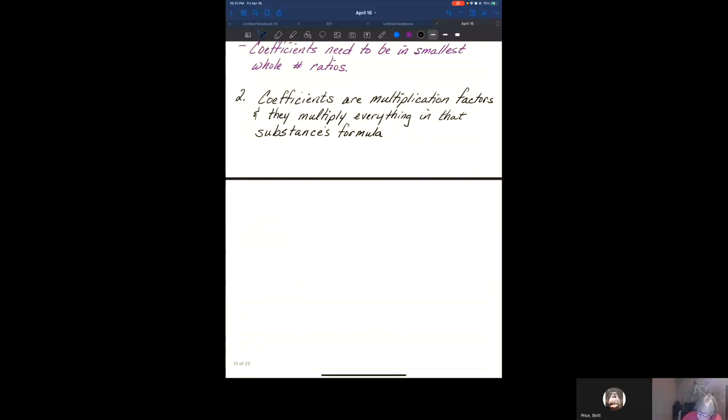For example, if we have a compound such as C12H22O11, and I've got a coefficient of 2 in front of it.